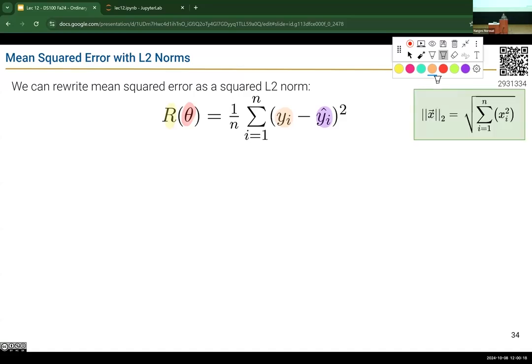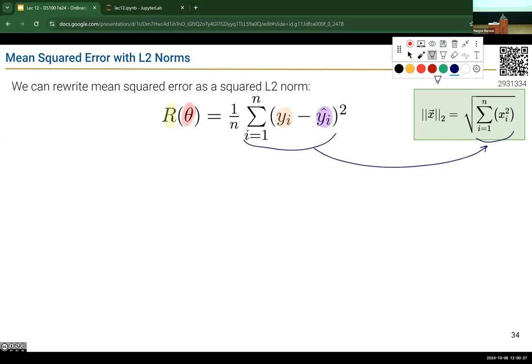Okay? From the previous slide, remember that this was the notation for me to calculate the L2 norm of a vector. So effectively what you're seeing here inside the summation, I can just replicate using this L2 norm part that I had from before.